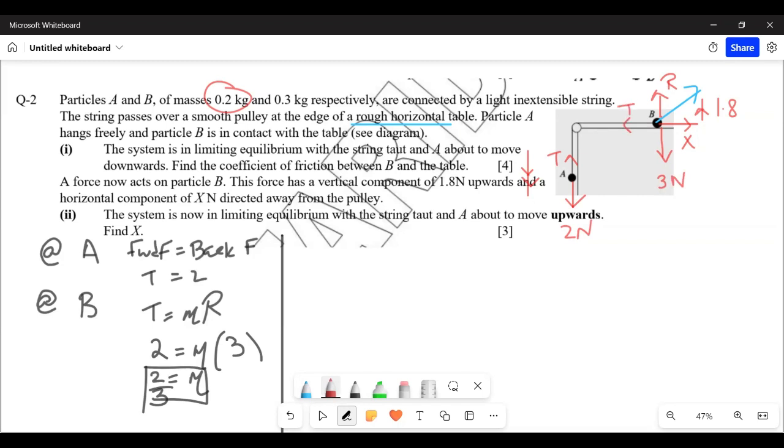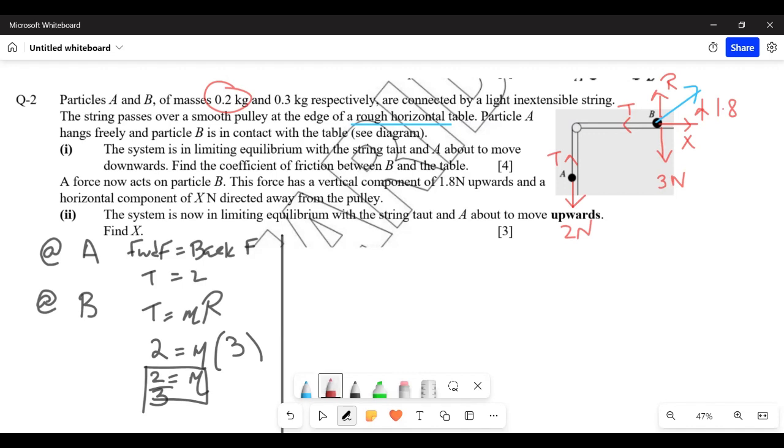A force now acts on particle B. This force has a vertical component of 1.8 and a horizontal component of x directed away from the pulley. So that's the blue direction, which is directed away from the pulley. The system is now in limiting equilibrium with the string taut and about to move upwards. So now A is about to move upwards. So I'm going to change the direction of motion.